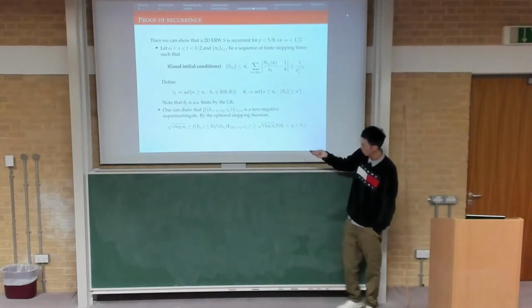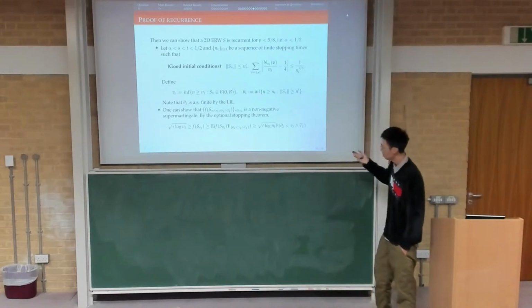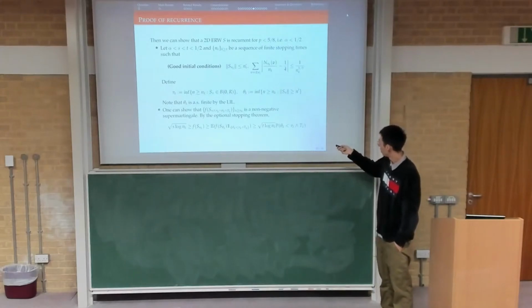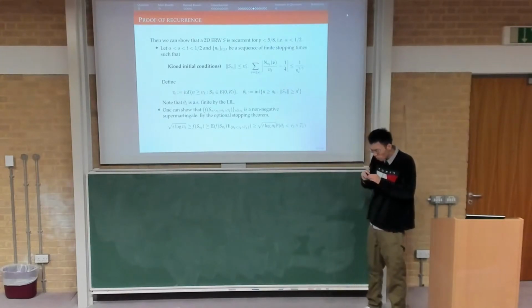So this shows that before time tau k and tk, here tk should be understood as t_nk actually, before the minimum of these two stopping times, if you want to reach the boundary of the growing ball of n to the t, you have to pay a price.